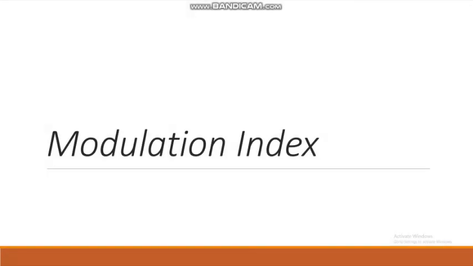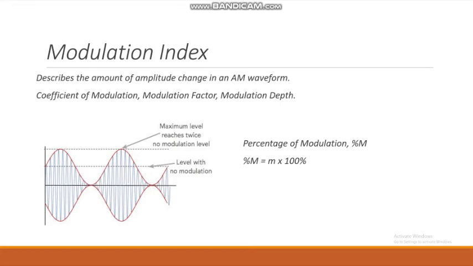Modulation index. Modulation index is the term that describes the amount of amplitude change in an AM waveform. It is also called the coefficient of modulation, modulation factor, or modulation depth. The percentage of modulation can be calculated by multiplying m by 100%, where m is the modulation index.